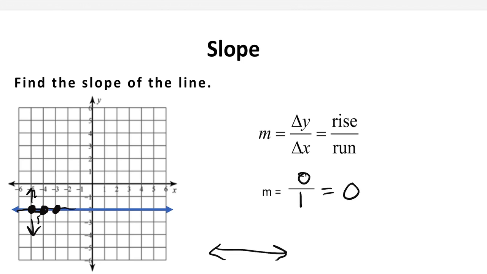So our slope, anytime you have a horizontal line, like this right here, your slope is 0, okay? You can count it out, or you can just memorize that. Anytime you have a flat line that goes horizontal across the graph, parallel to the x-axis or on the x-axis, your slope is 0. Okay?